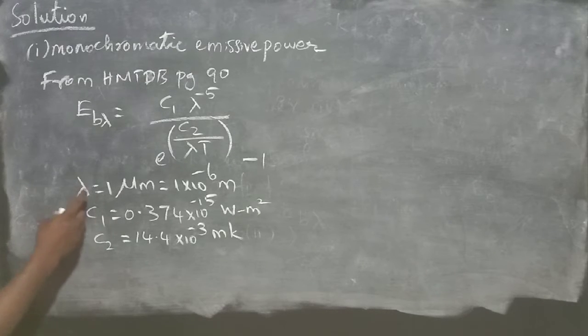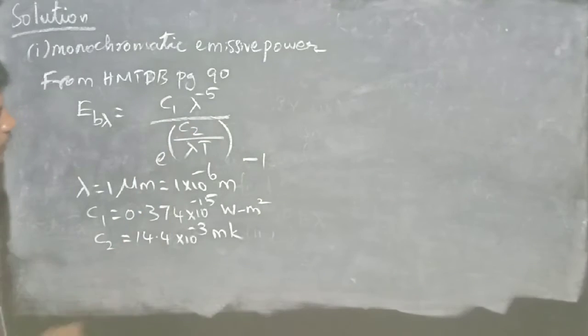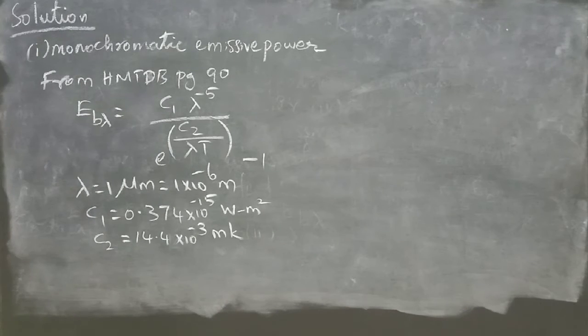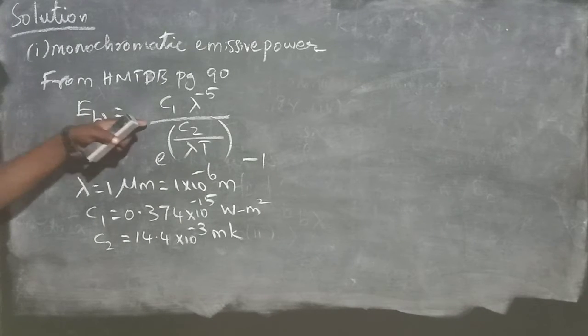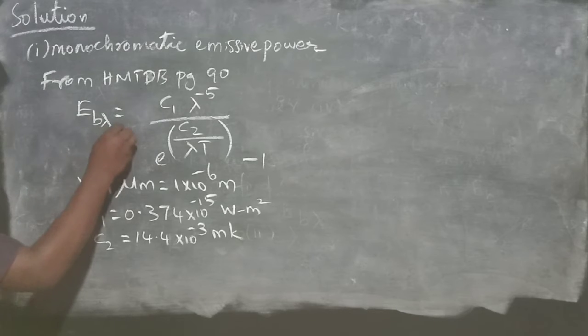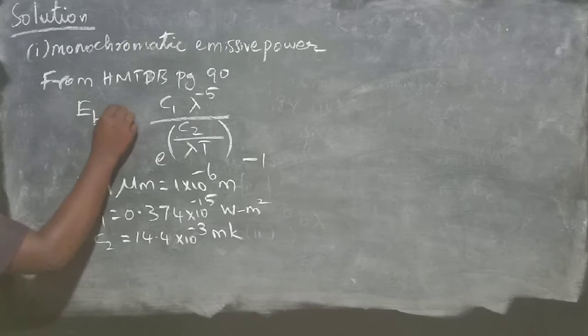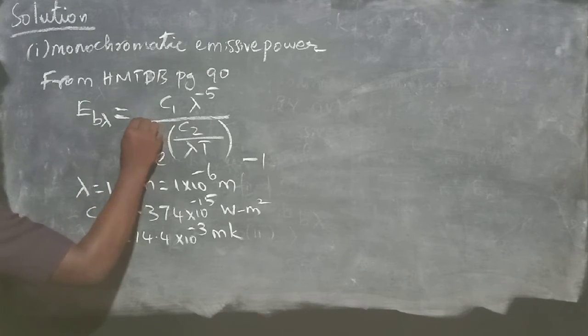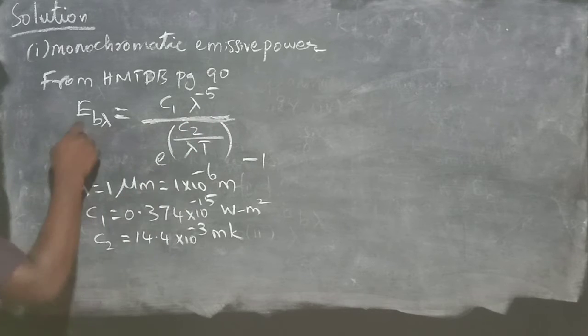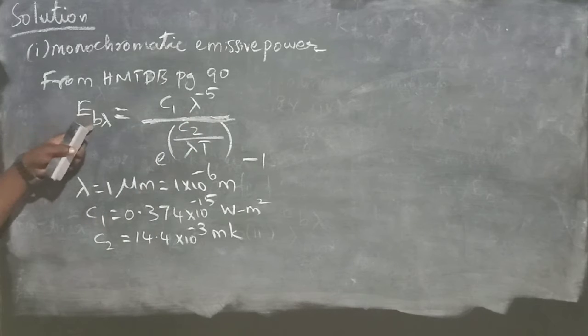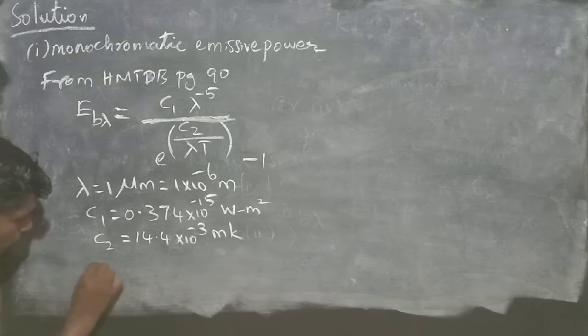Now we can check what data we need. All the values we know here, and we need to substitute all the values in this equation and find the value of Eb lambda, that is monochromatic emissive power.